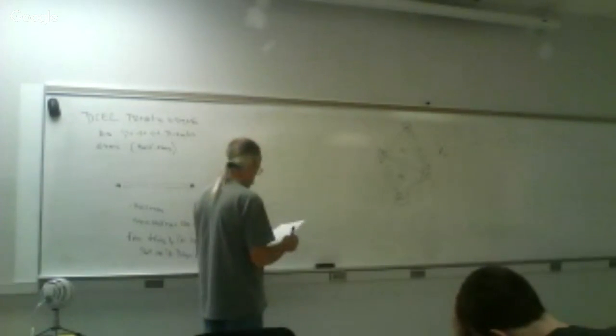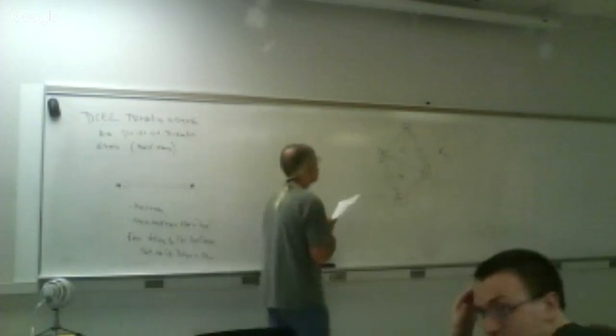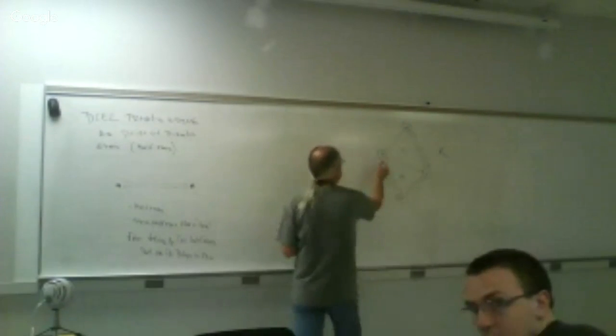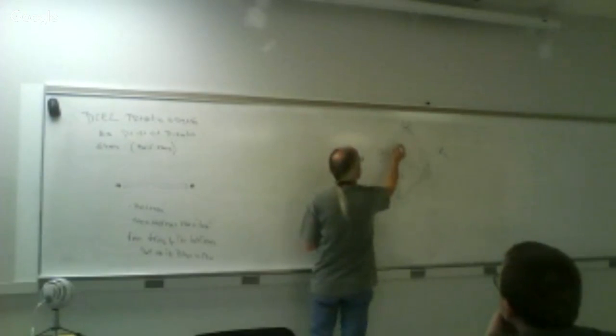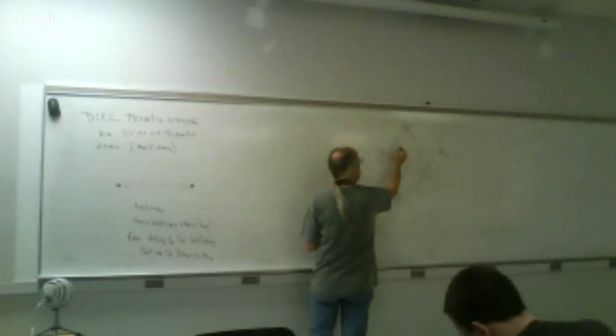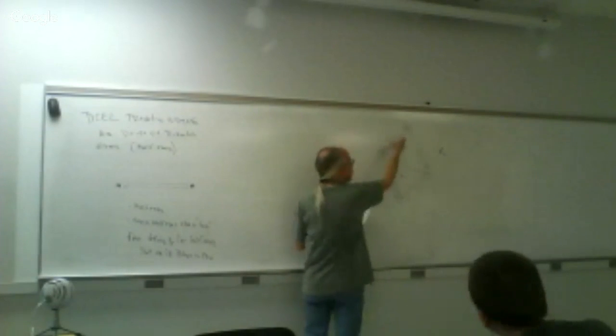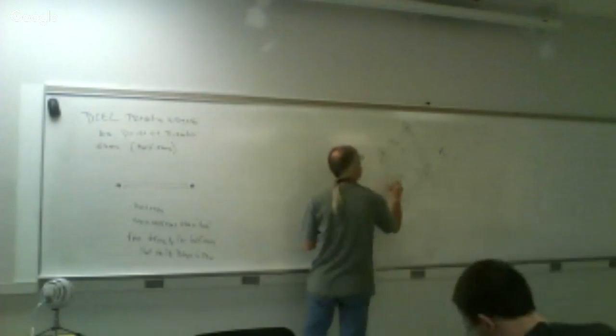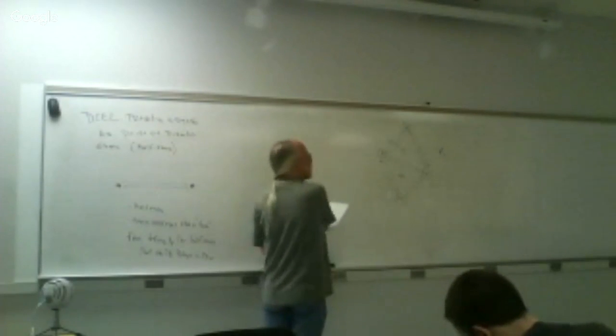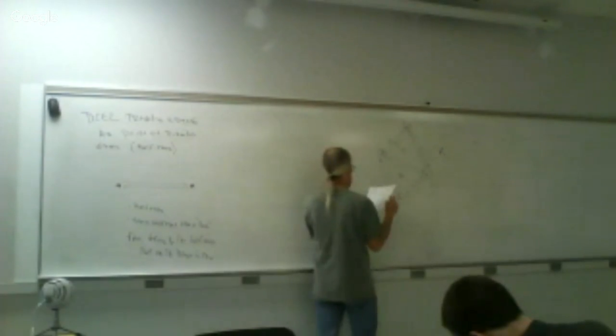Each of these edges, I've given them names. So the first edge is up here, and I call this E11 for the half edge that goes from Z to X, and E12 for the half edge that goes from X back to Z. And then I've continued to label like that.